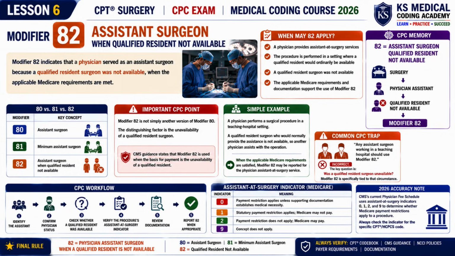Your CPC workflow is: identify the assistant, confirm physician status, check whether a qualified resident was available, verify the procedure's assistant at surgery indicator, review documentation, report 82 when appropriate. Remember, 80 equals assistant, 81 equals minimum assistant, 82 equals qualified resident not available. Always verify the current CPT, CMS, NCCI, Medicare procedure indicators, and payer-specific requirements before reporting modifier 82.